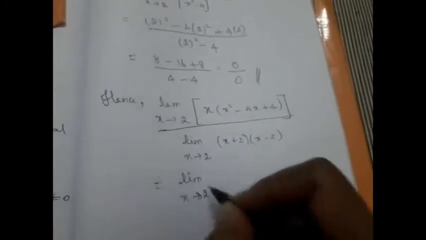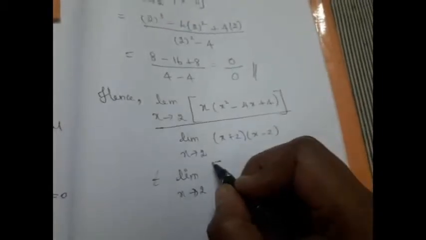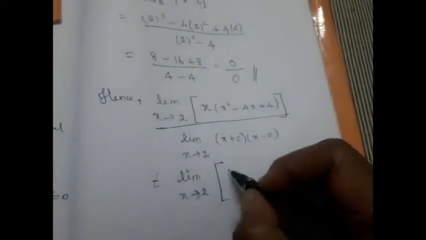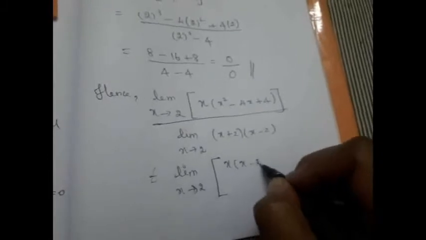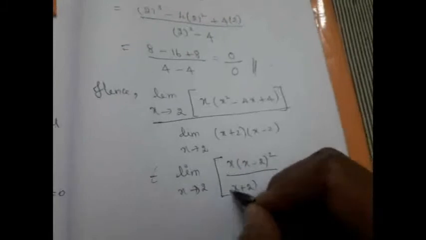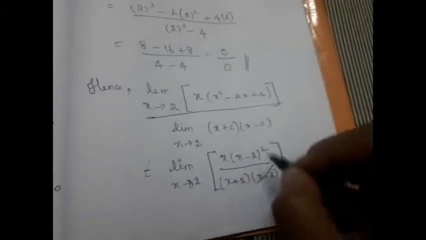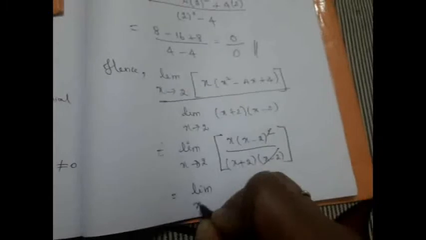The numerator will be x into x minus 2 the whole square, divided by x plus 2 into x minus 2, right? So x minus 2 will get cancelled. So we got limit x tends to 2 of x into x minus 2 divided by x plus 2.